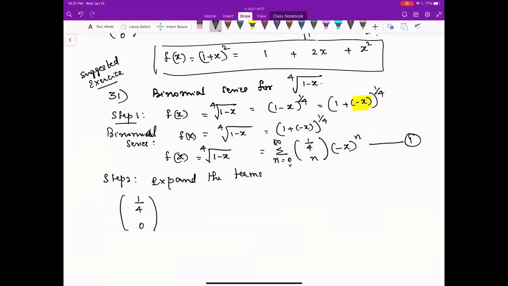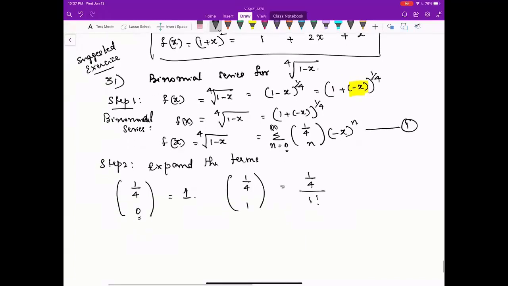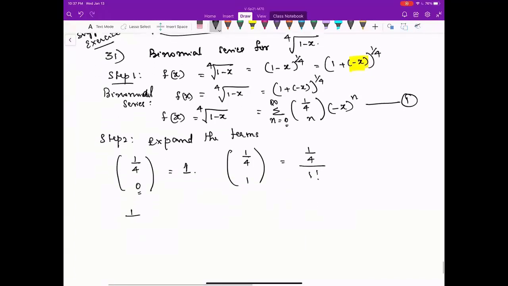Anytime you have 0 here, that value is equal to 1. Then the next, 1 chosen out of 1/4. We are choosing 1 out of 1/4, so it is just 1/4 over 1 factorial. Then 2 chosen out of 1/4.